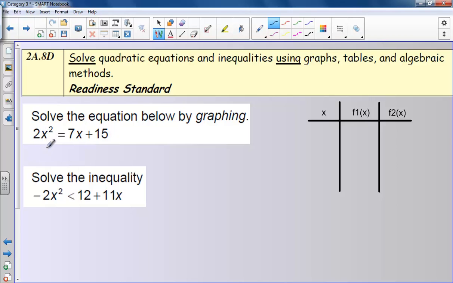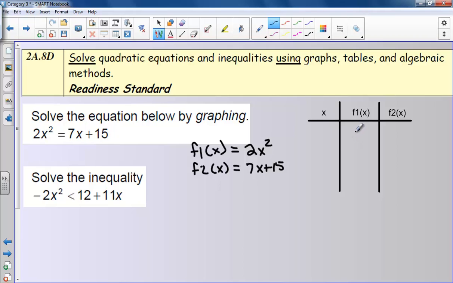What we would do here is, number one, you can put it in standard form and find your x-intercepts, but more simply than that, we can set f1 of x to be everything on the left-hand side, so we can graph 2x squared, and then we can set f2 of x to be everything on the right-hand side, which is 7x plus 15. Anytime we graph two things, we're looking for the intersection points. And so we have two solutions here. We can check that on our table.